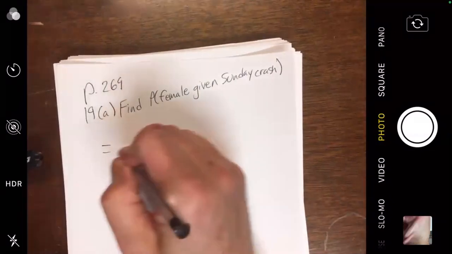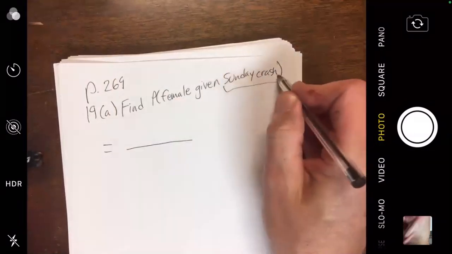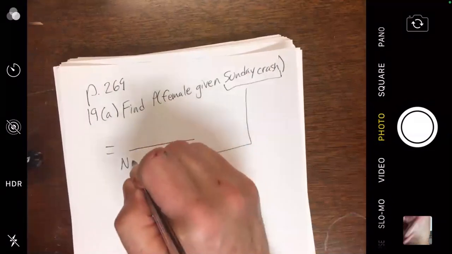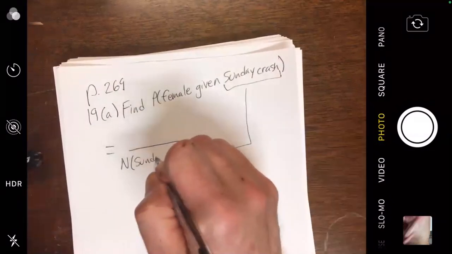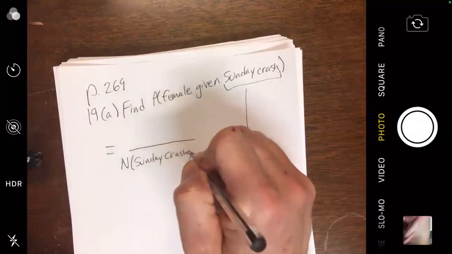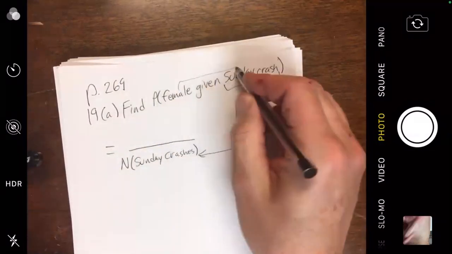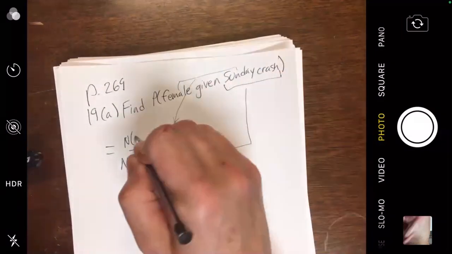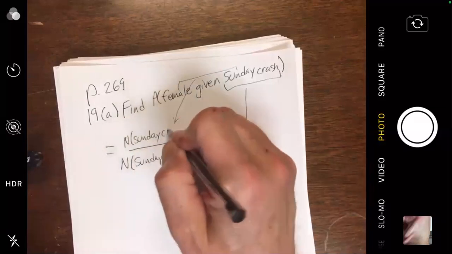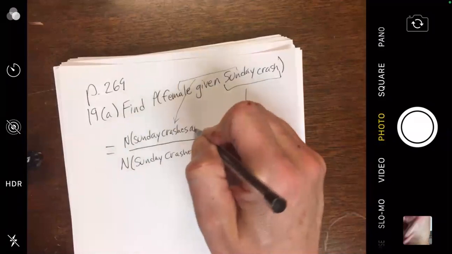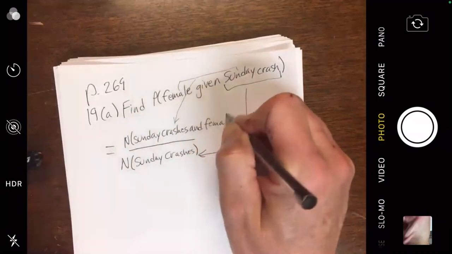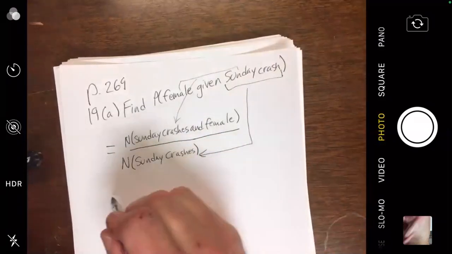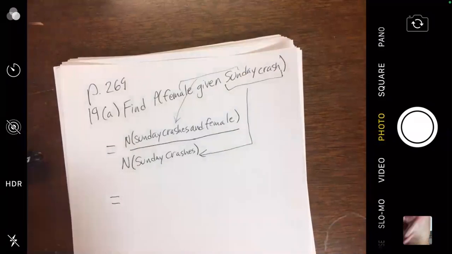And once again, I will draw out a fraction and I will put the second thing on bottom, and we can use the number notation, number of Sunday crashes. And we need both of them on top: number of Sunday crashes and your female. All right, can you figure out the number of Sunday crashes?